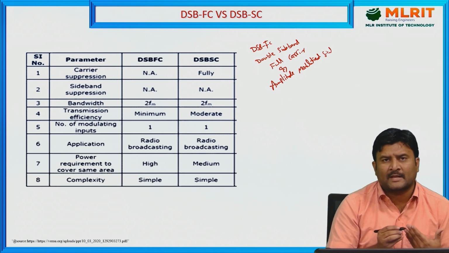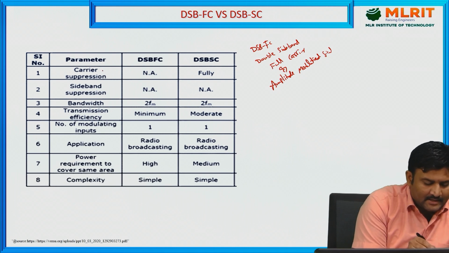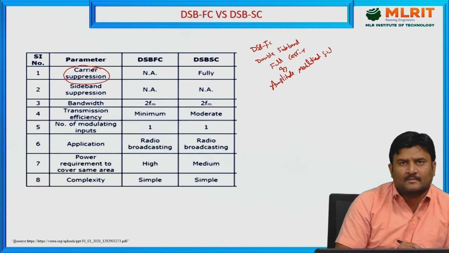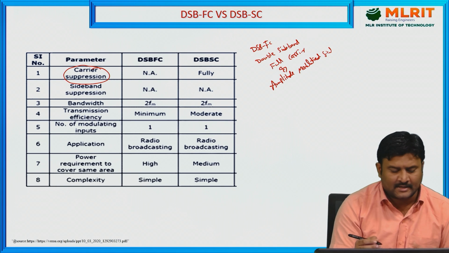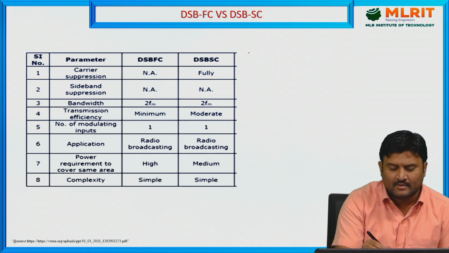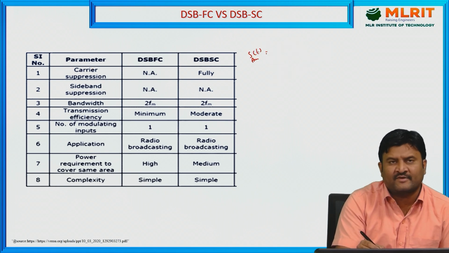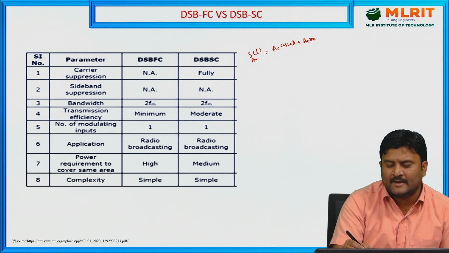We go through the parameters one by one. First parameter, the carrier suppression. For a better point of view, observe S of t in the case of AM: AC cos omega ct plus AC MA by 2 cos of omega c plus omega m into t plus AC MA by 2 cos of omega c minus omega m into t.